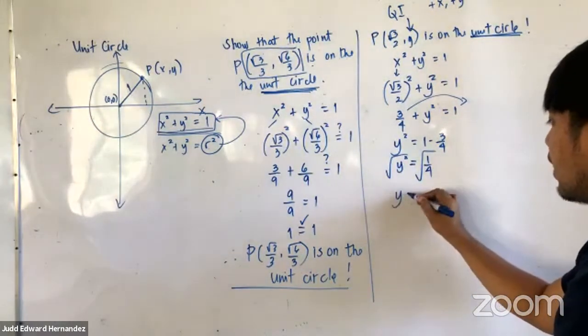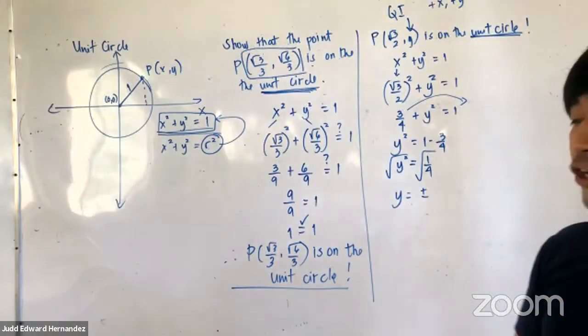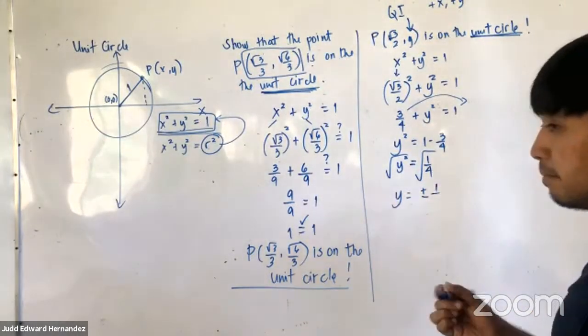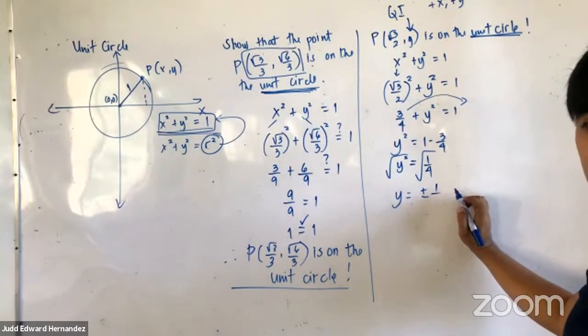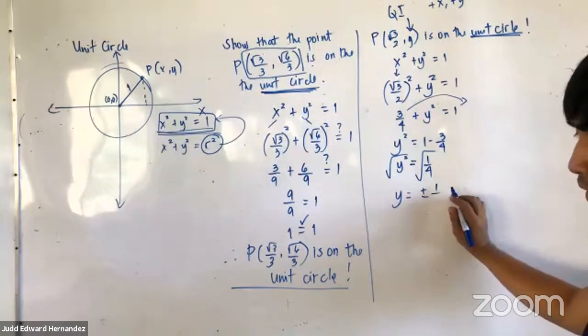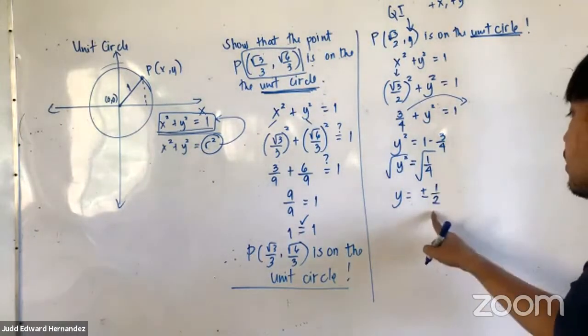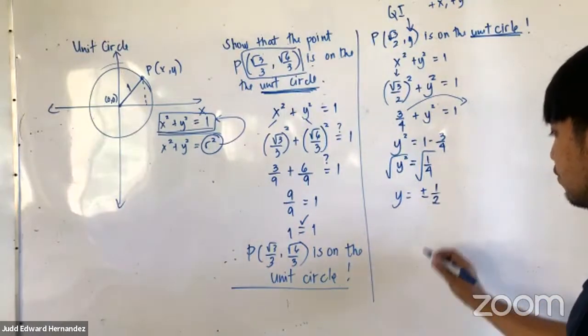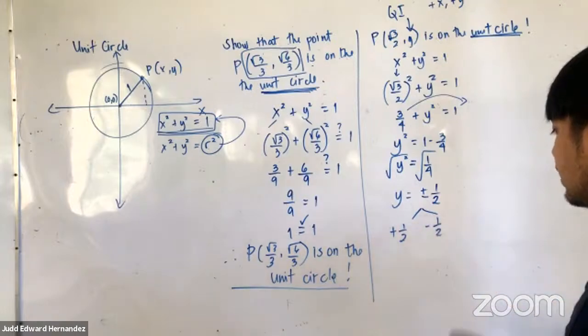And this becomes y is equal to plus minus. What is the square root of 1/4? 1/2. Okay. Since we have two values of y, one is positive 1/2 and the other one is negative 1/2.